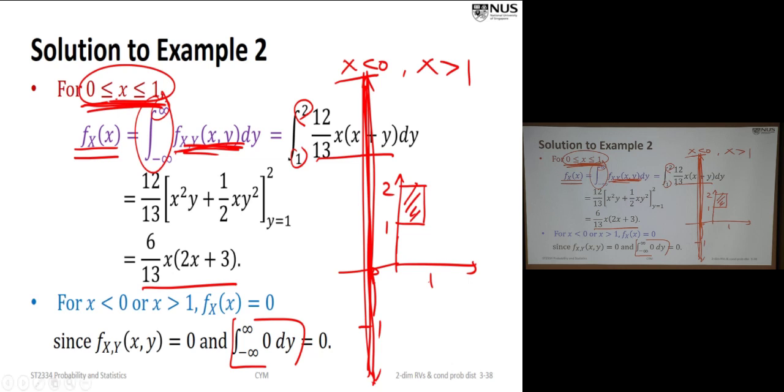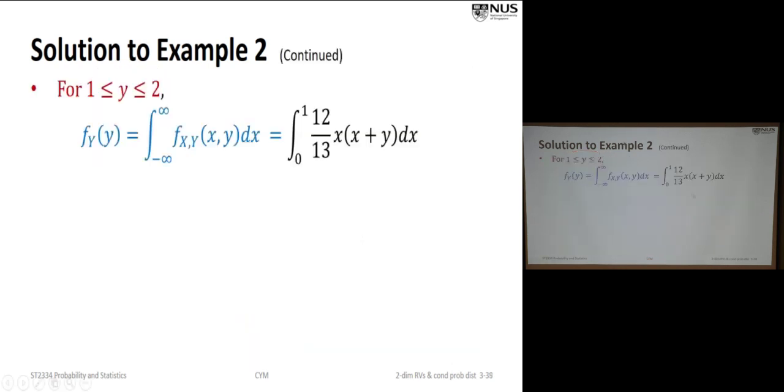Okay, so similarly, I can work out the marginal for y. For y, same thing. I need to specify the range of y for which the working is valid, and then I integrate with respect to x. All right, and x ranges from 0 to 1, because over x between 0 and 1, the joint PDF is given by this.